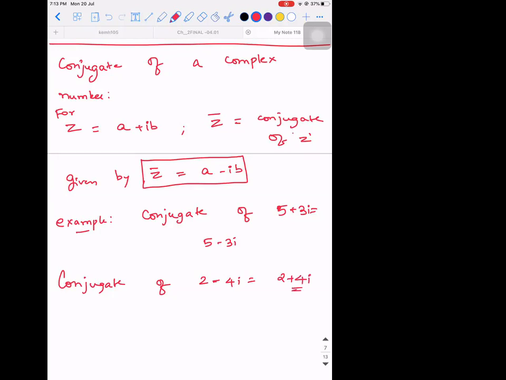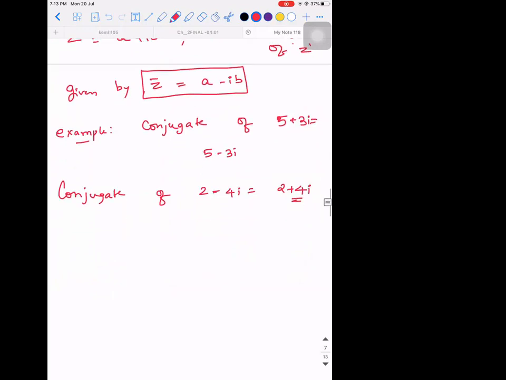You have to change the sign of the imaginary part. That's it. Sir, so z bar means it's conjugate? Yes, z bar is conjugate. Don't get confused between z bar and z inverse. They both are different. Z inverse means multiplicative inverse. Z bar means just a conjugate.